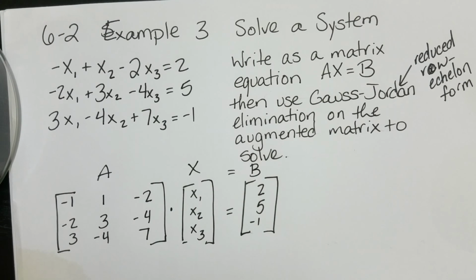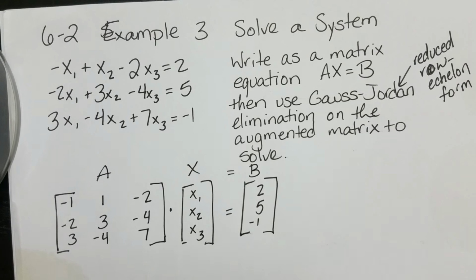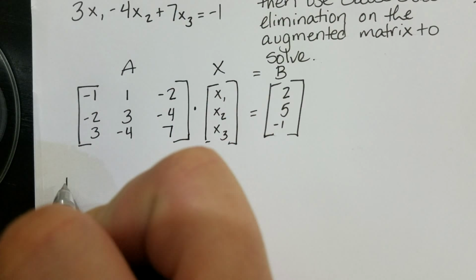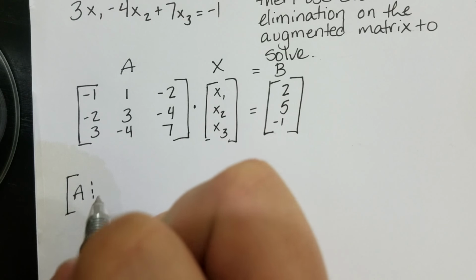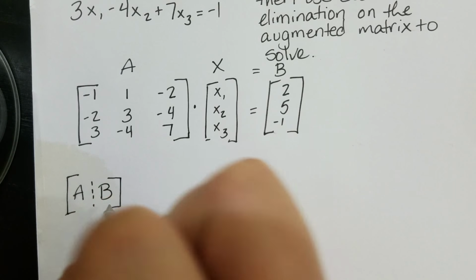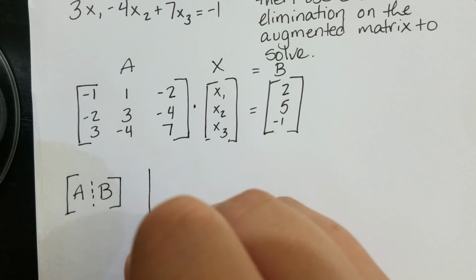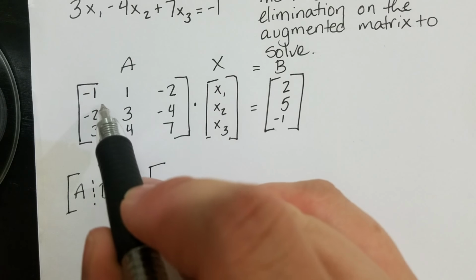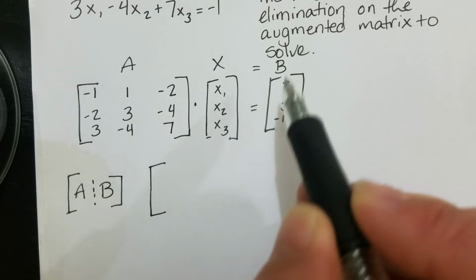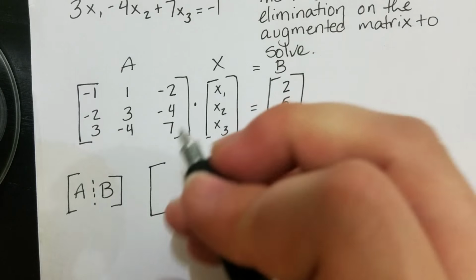All right, so then you're going to write the augmented matrix, which I'm just going to write off to the side here. That means they want you to use just A, and then we have our B. So this is the same augmented matrix we were making in section 6.1. We're just going to have all these coefficients and then this one.